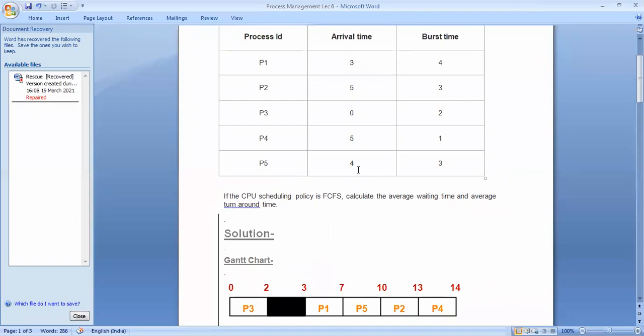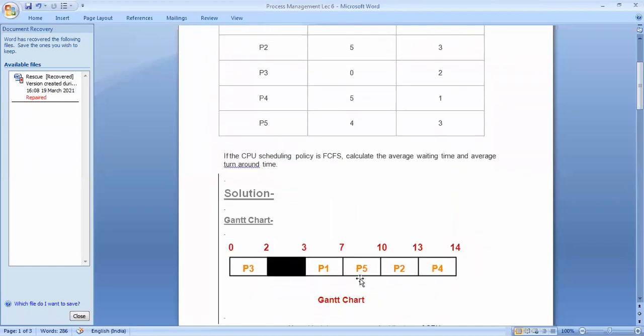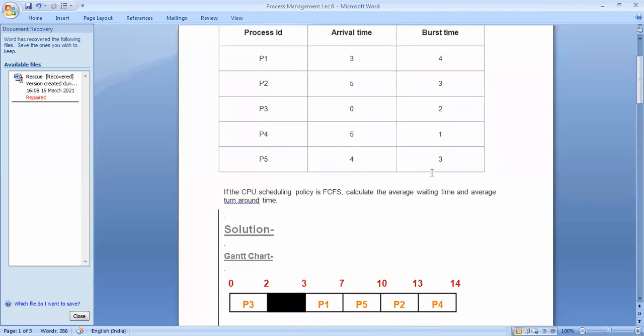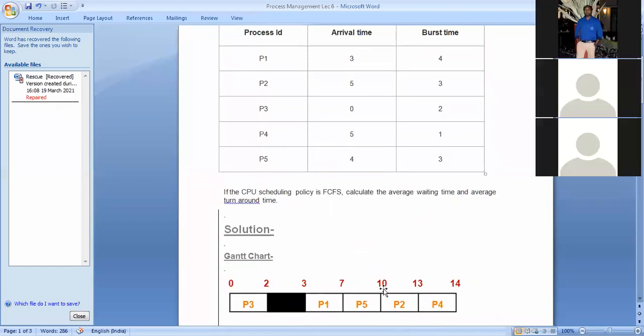P5. Yes, P5, because after 4 milliseconds P5 is in the ready queue. So P5 will start and it will take 3 milliseconds. So 7 plus 3 is 10.